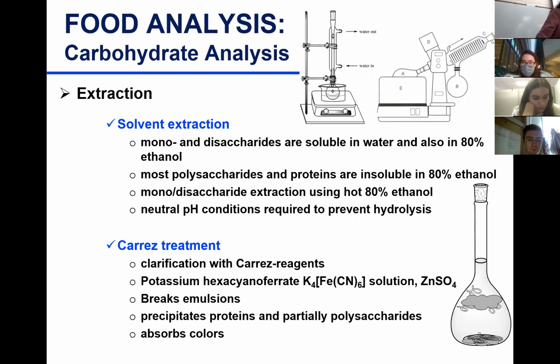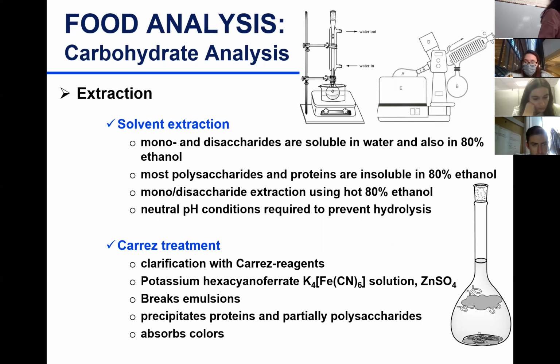One way to do that is by using 80% ethanol to reflux, or extract the sample in hot 80% ethanol. In hot 80% ethanol, your dietary fiber, even the soluble fiber, will precipitate. Starch will precipitate, and protein will precipitate.